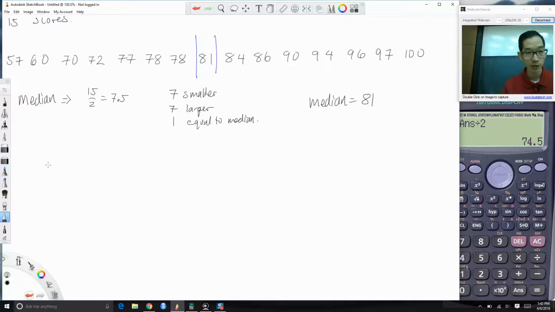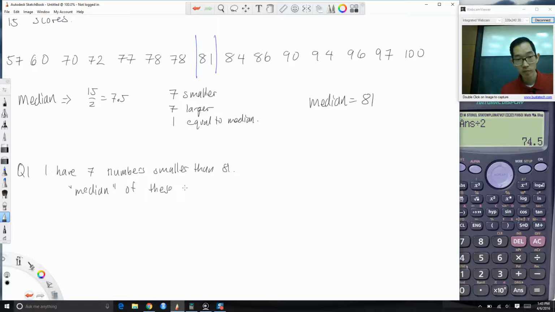So now for Q1, okay, I have 7 values, 7 numbers smaller than 81. Okay, and then we want to find the quote median of those. Okay, so 7 over 2 is 3.5.